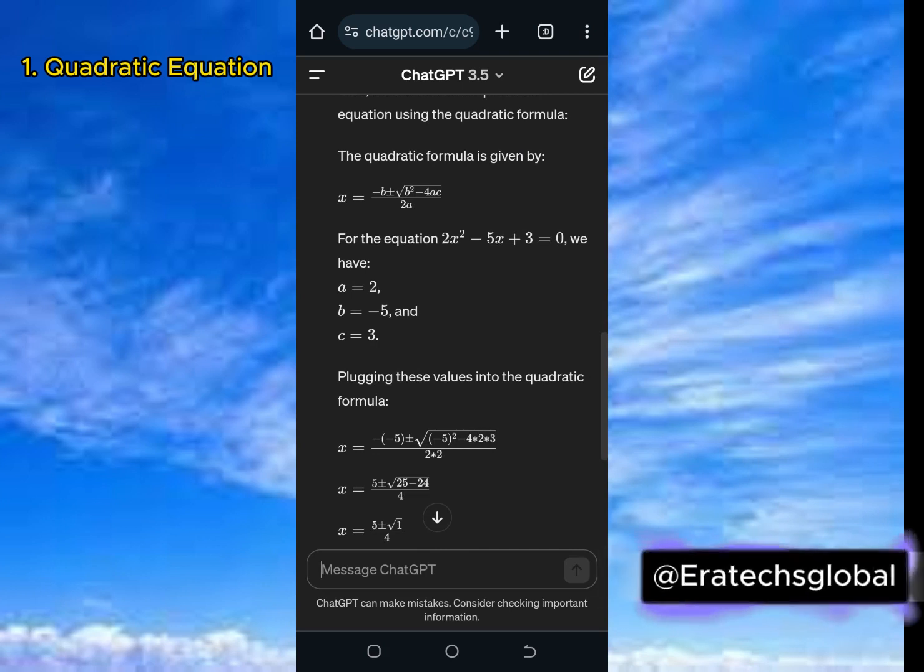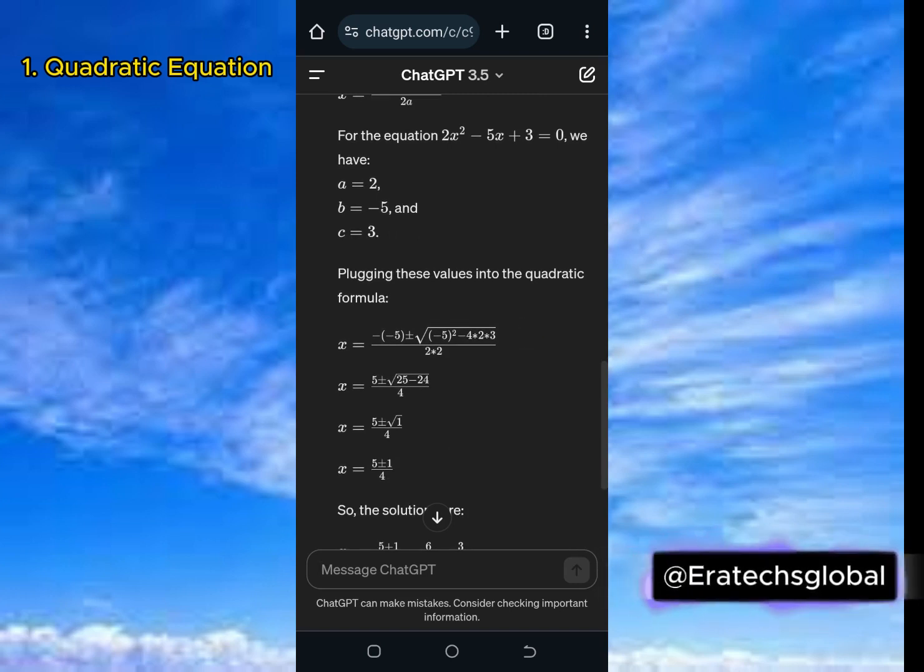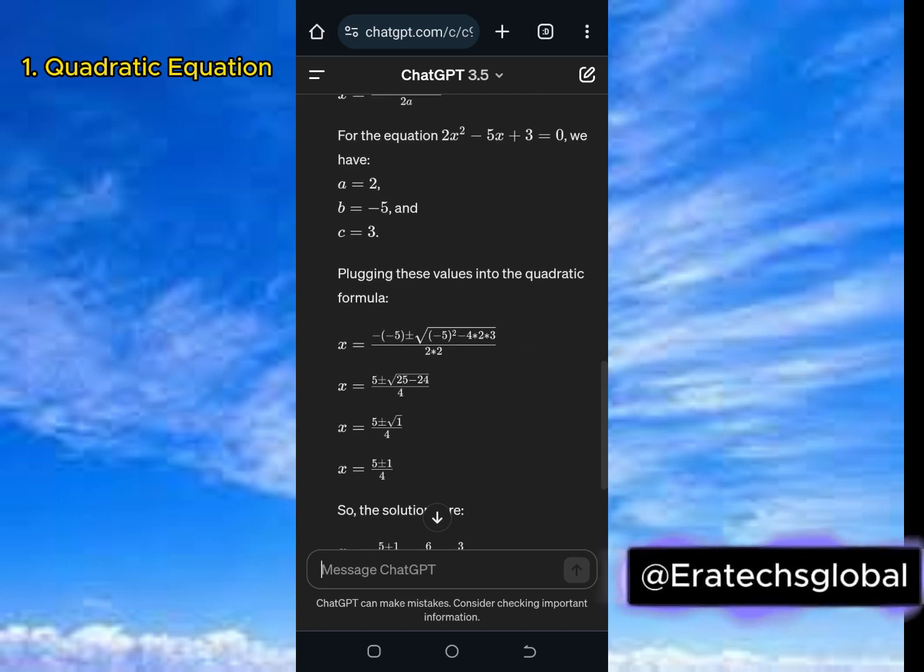So for the equation 2x raised to power 2 minus 5x plus 3 equals 0, we have a equal to 2. This is variable assignment, and b equals minus 5 and c equals 3. Plug in these values in the quadratic formula. It's just simple.